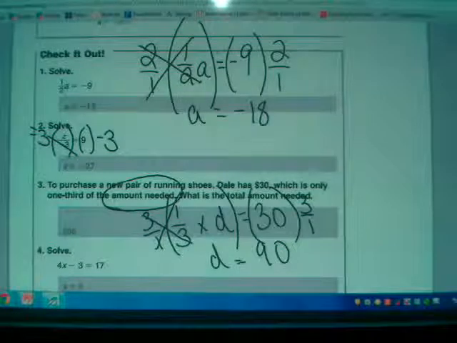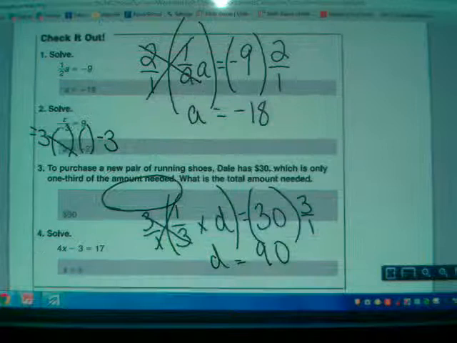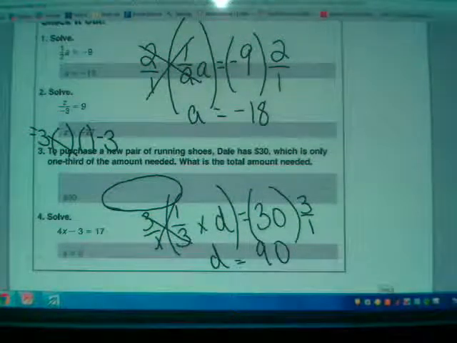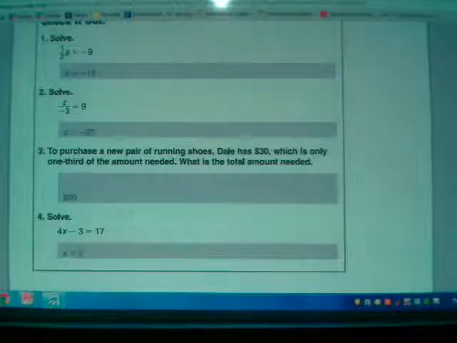We'll wrap this up with the fourth question. The fourth question is asking us to solve the multi-step equation 4x minus 3 equals 17. So, we'll use all those same rules of solving equations, but remember I introduced a new rule to you when we did the similar question earlier, which said that the thing that's attached to the variable is x, and the number that's attached to it there is 4, so I'm talking about the 4.